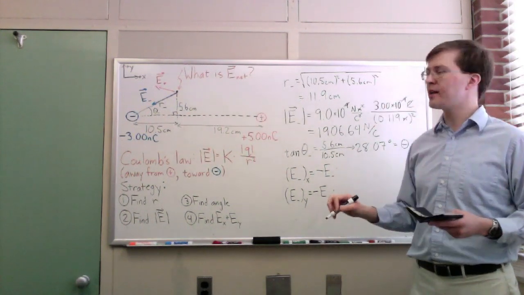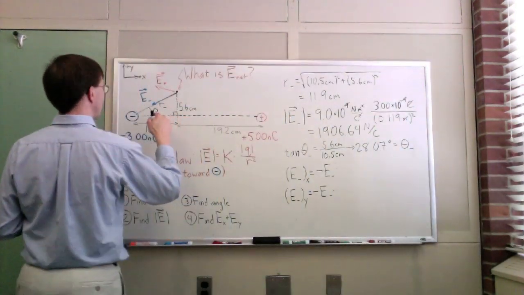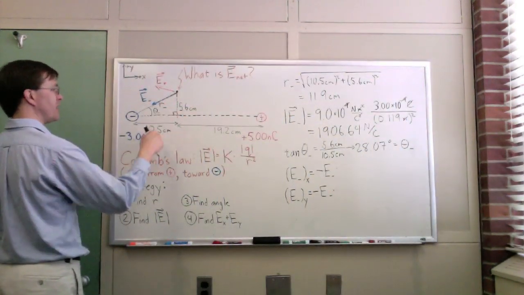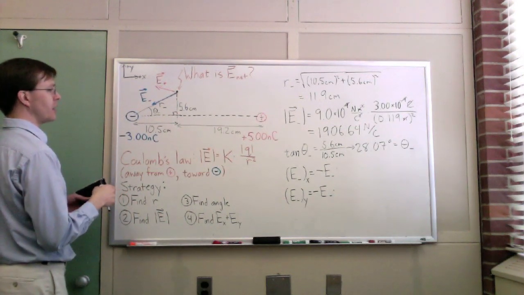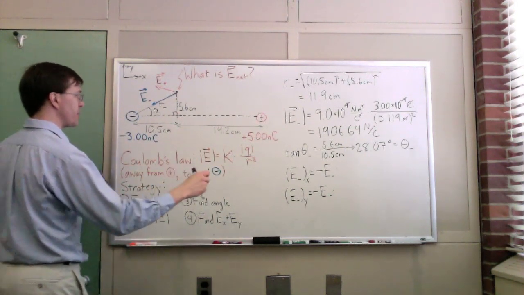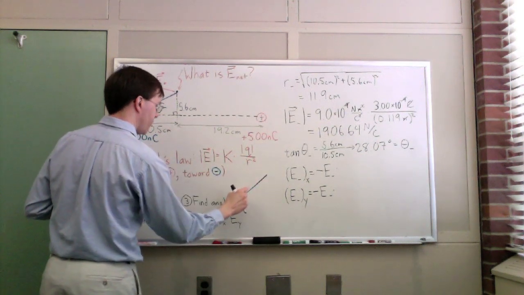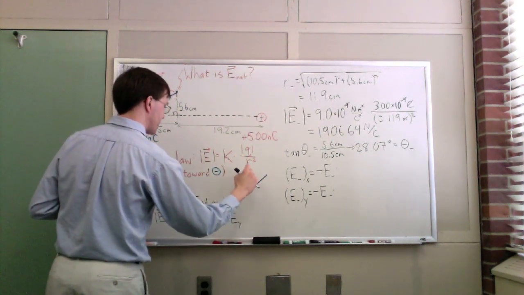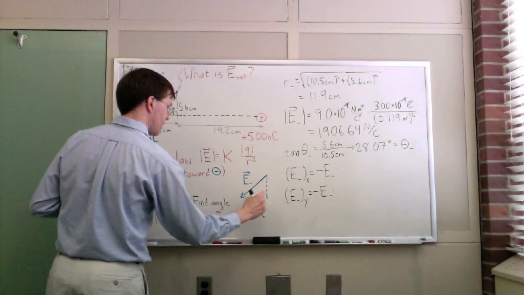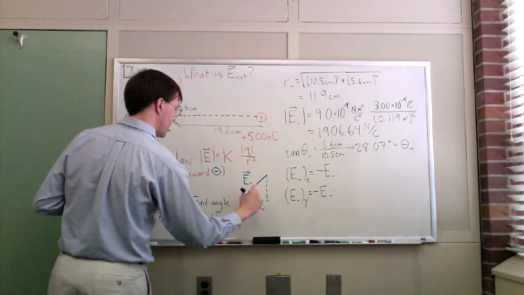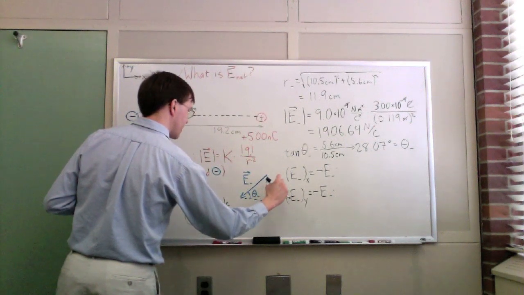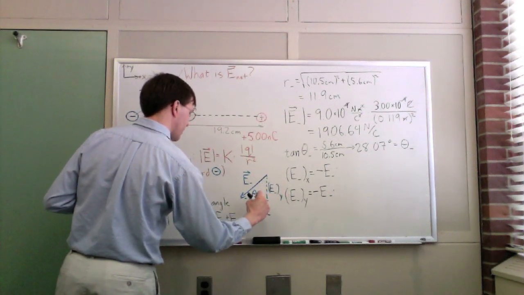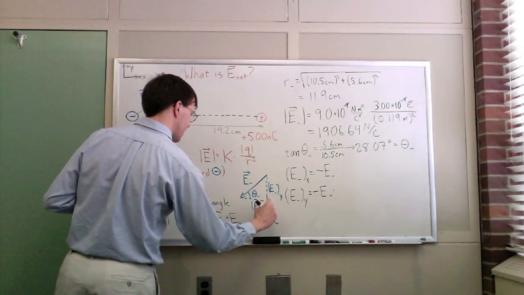Then I know it's just the magnitude E minus in each case, times some trig stuff, right? Maybe I should draw this a little larger so we can see what's going on. If I just copy it down here, here's my E minus vector. Here's my theta minus, and here's E minus y and E minus x.